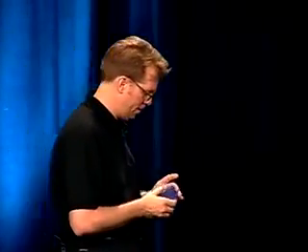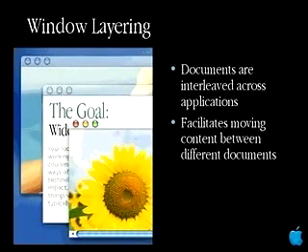Window layering. Now, if you're familiar with macOS, you know that if I have, say, 5 windows open in a word processor, and I just want one of those to work on, if I select it, all 5 windows come to the front. It's not what I wanted. I just wanted that one.